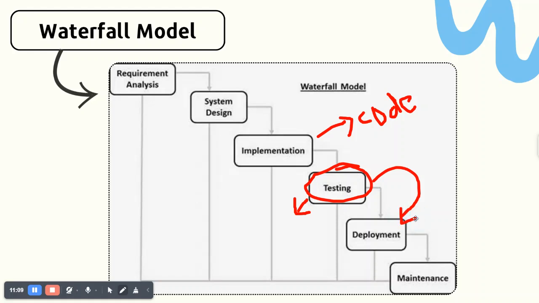After testing, we move to deployment. We deploy the software on the internet to make it available to the customer or the client. If you specified a limited number of users, say the software can handle traffic of up to 100, then after testing we move the software to a cloud platform.